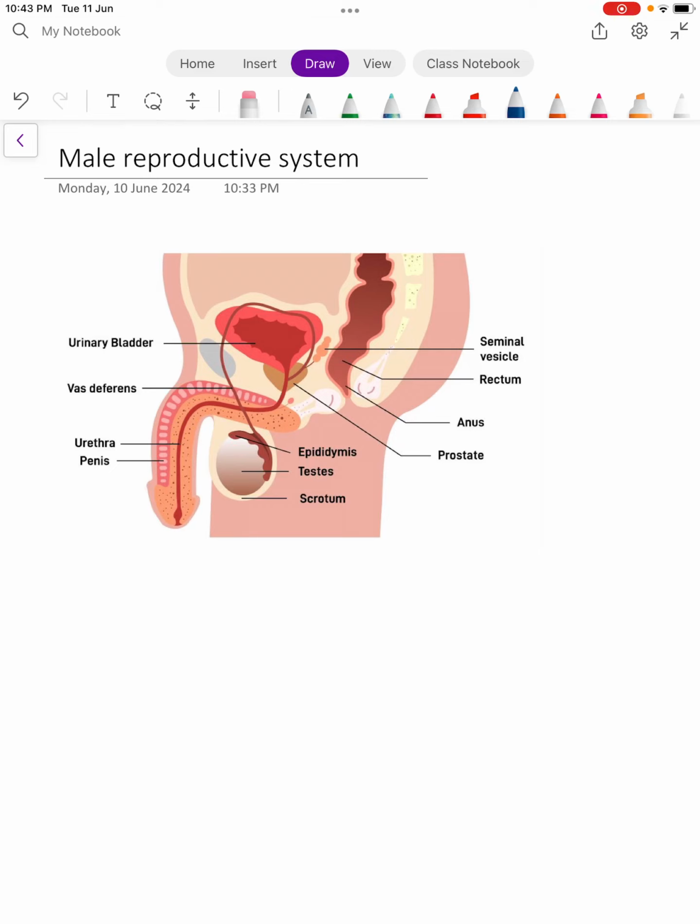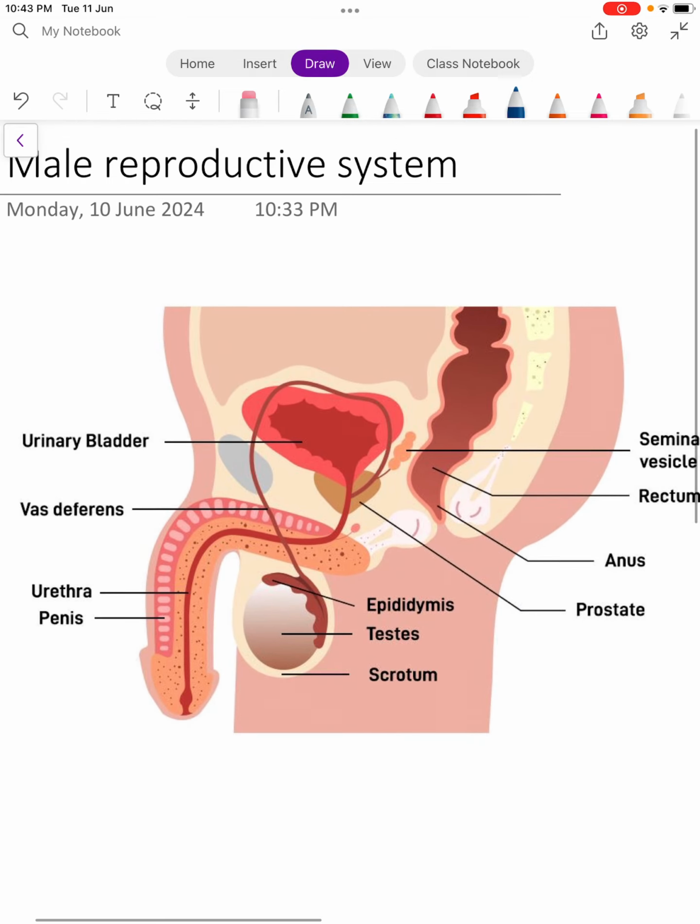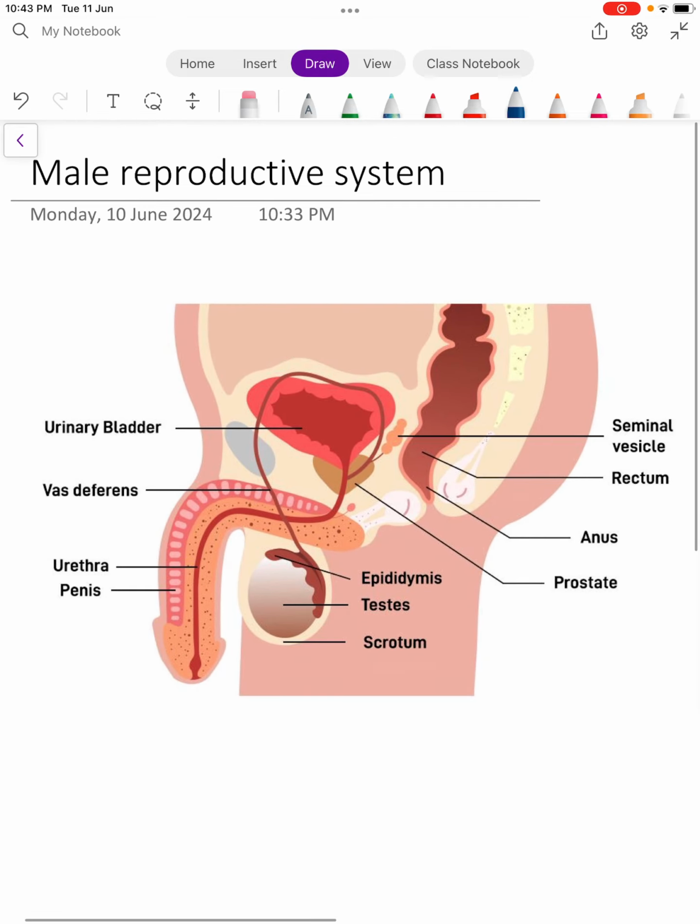First of all, we will discuss the testes. Here you can see the picture of a male reproductive system. First of all, you can understand the location of all these organs. This is the testis, which is present between the legs outside of the abdomen. Testes are a pair of primary sex organs of male, which are specialized to produce sperms and secrete the hormone testosterone, or in general we can say androgen.